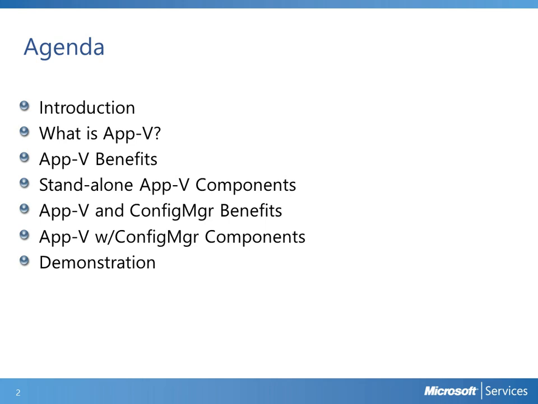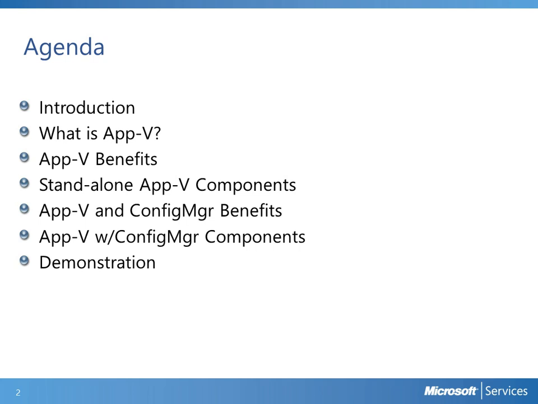It avoids duplication of effort, right? Config Manager is all about deploying software to the environment. In Config Manager 2012, it's a very elegant approach with the application model we've been talking about up until now: being able to deploy the application and then have the flexibility of deciding how that deployment takes place, whether it's a physical installation, a virtual installation, whatever. Again, we'll talk about that more in a minute and see it in the demo.